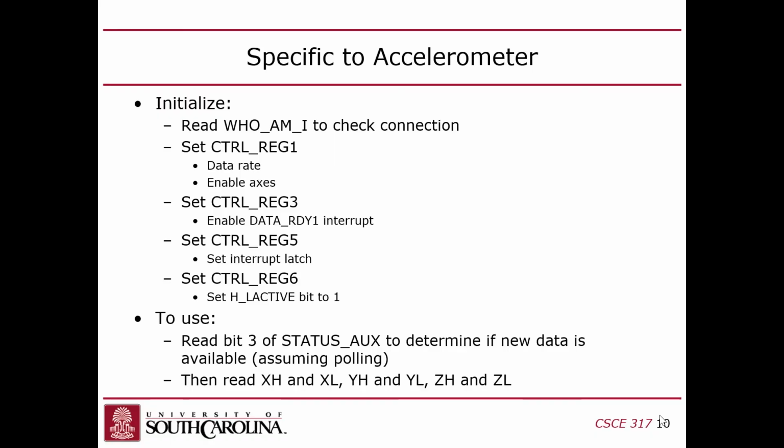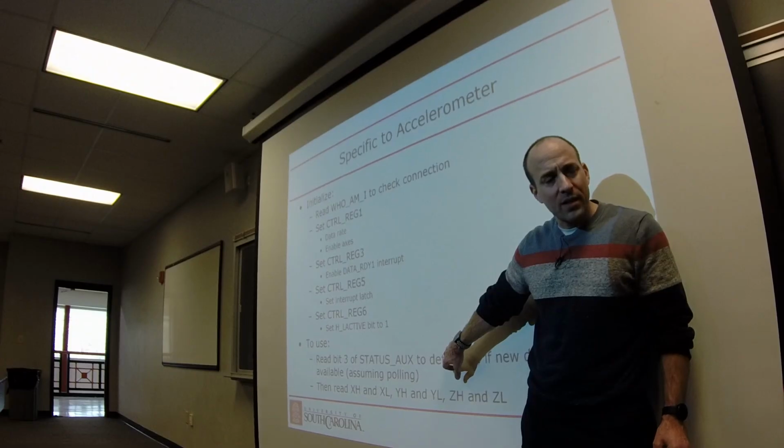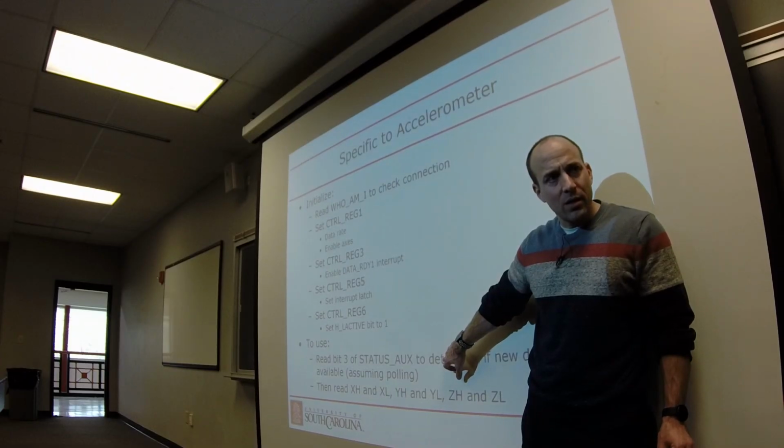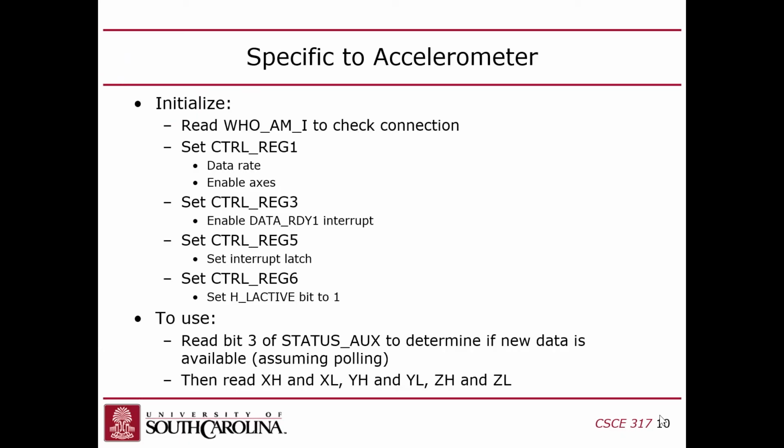Now, one thing I forgot to put in here is if you're using interrupts and it drops the interrupt, does reading status aux acknowledge the interrupt? There's a particular register you have to read. I think Charles did put it in the handout; this stuff should all be in the handout too.